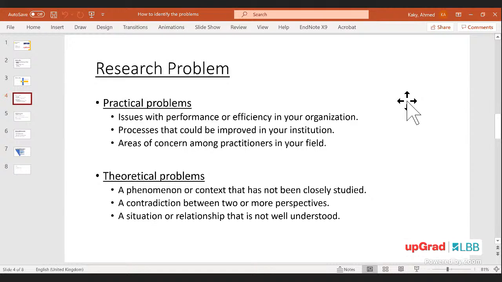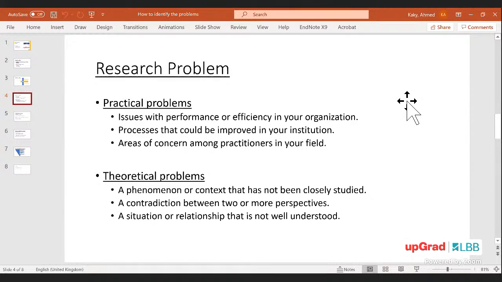When we talk about theoretical problems, we could think about a phenomenon or context that has been closely studied. We could handle something related to the core concepts of cybersecurity principles, for example, or principles related to neural network design, and so on. Or we could talk about the philosophy behind data warehousing and how we could prove such a solution or structure.